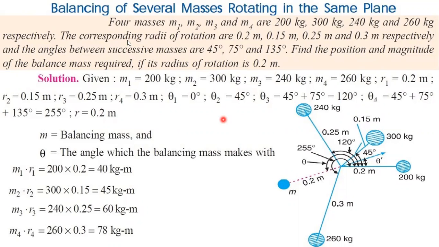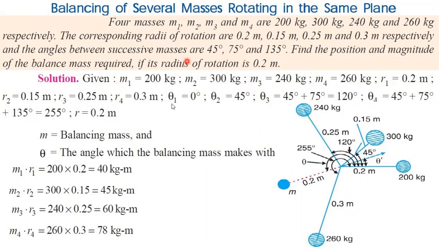So the question is, we are having four masses M1, M2, M3, M4. The respective values they have given us: M1 200 kg, M2 300 kg, M3 240 kg and M4 260 kg respectively. The corresponding radius of rotation values are also given: R1, R2, R3, R4, and the angle between successive masses.